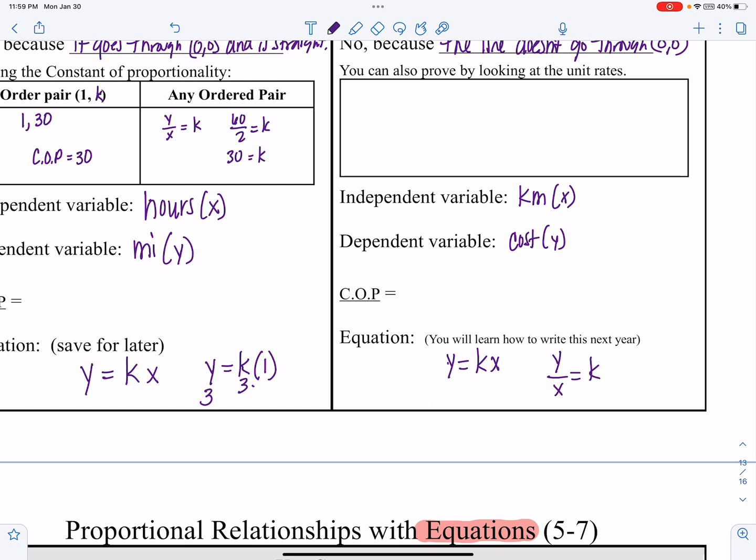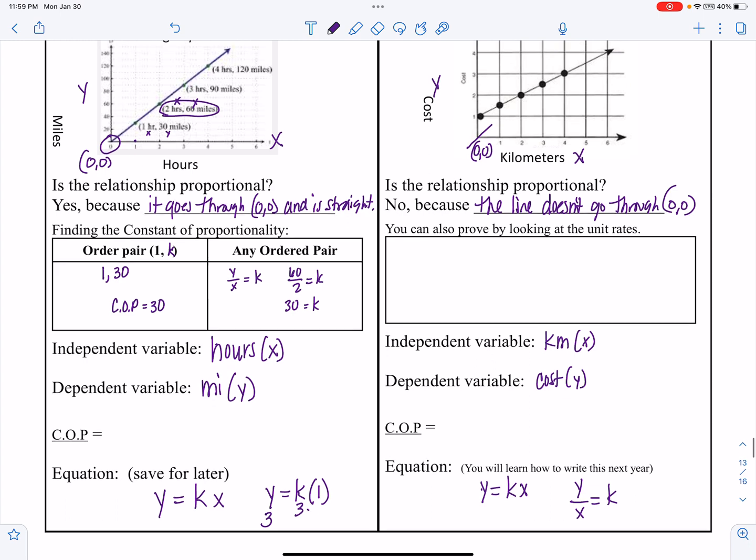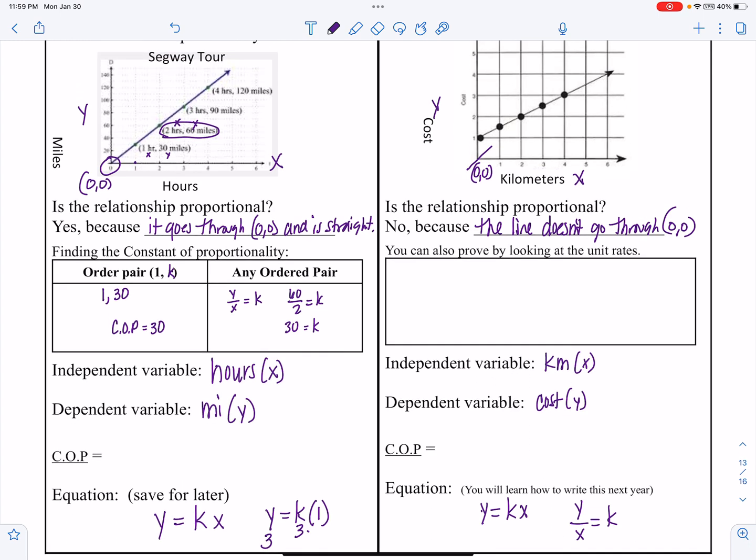Okay, so we can go ahead and test this out. Let's just test out a y and an x. So I need to find some ordered pairs. Let's see, I want to find one that intersects easily. So here's 2, 2 is this one, and I'll do this one, which is 4, 3. Okay, and so remember this is x, y. All I have to do is test these out. So 2 over 2, that's my y over x. I also have 3 over 4.